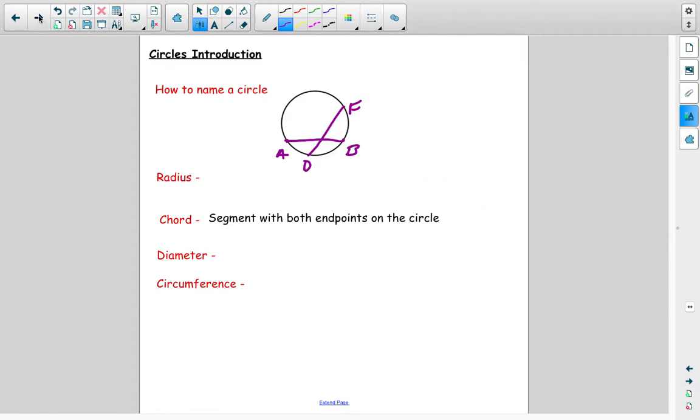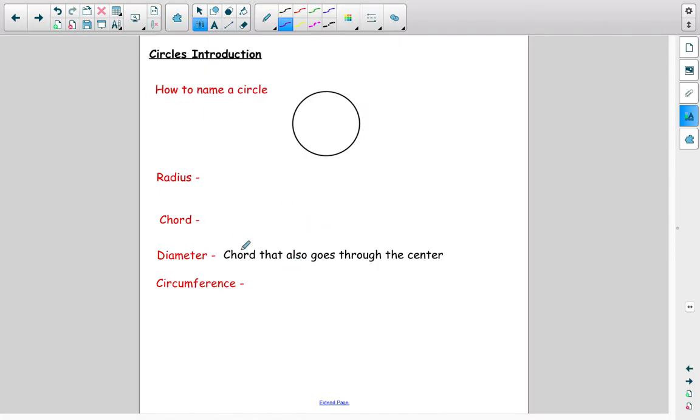All right, moving on. You probably know what a diameter is, but you probably didn't know that a diameter is a type of chord because it has endpoints that are on the circle, but it also goes through the center of the circle. So here's the center. You got endpoints that are on the circle. Okay, so this would be considered a diameter. I'll connect these with a straight line. Diameter, like that.